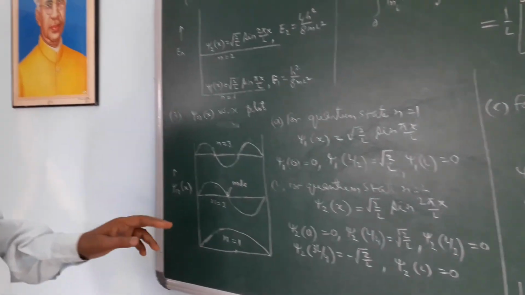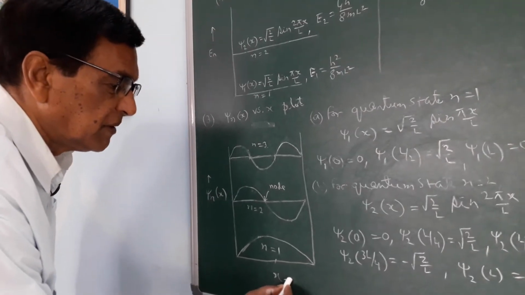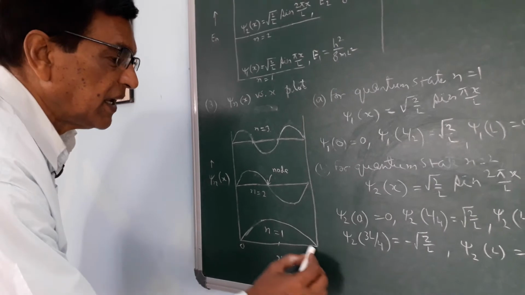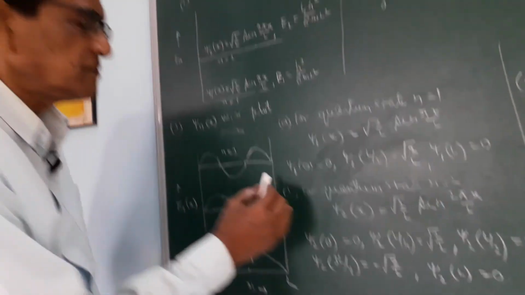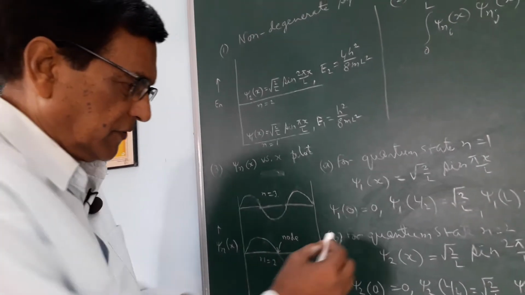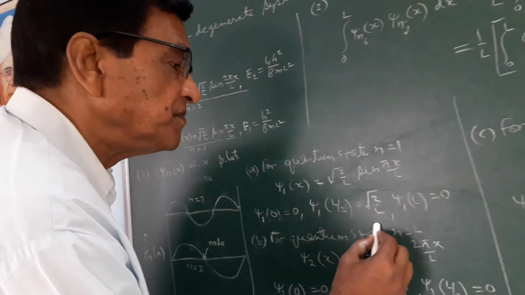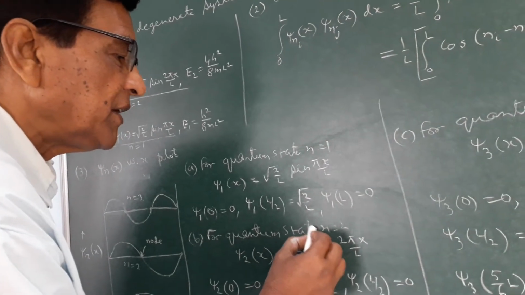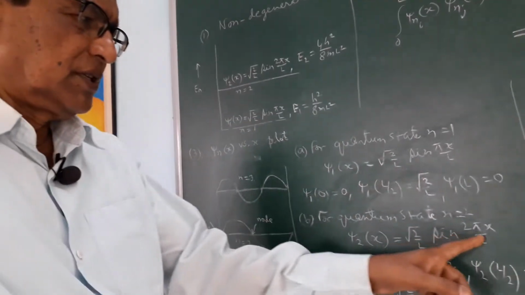That means the plot of psi n(x) versus x will be like this. And for the quantum state n equal to 2, psi 2(x) equal to this one.